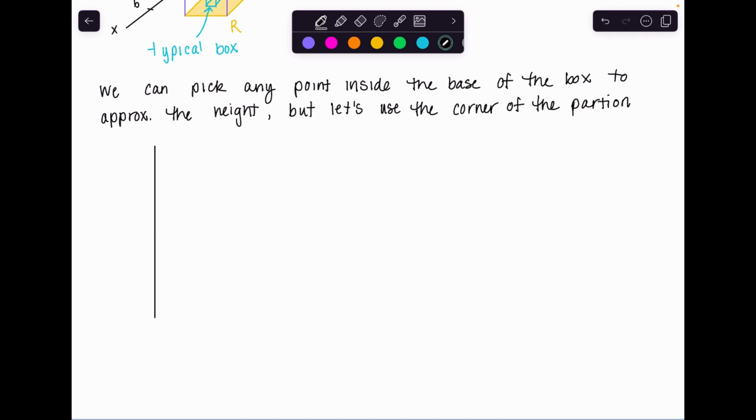So we're going to just jump to 2D and look at what's going on in the XY plane.